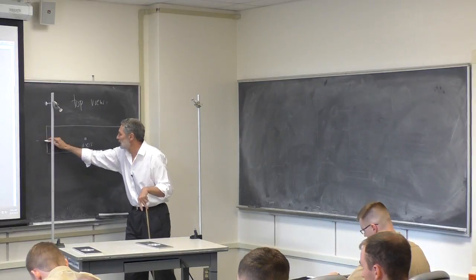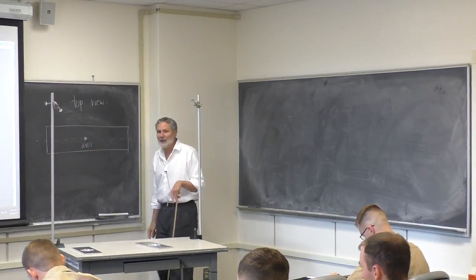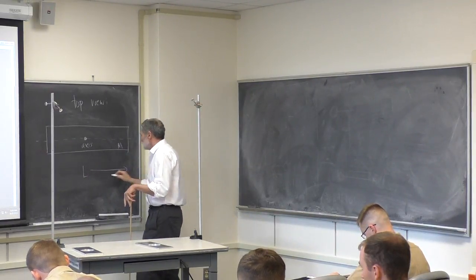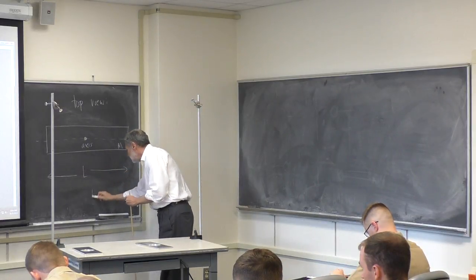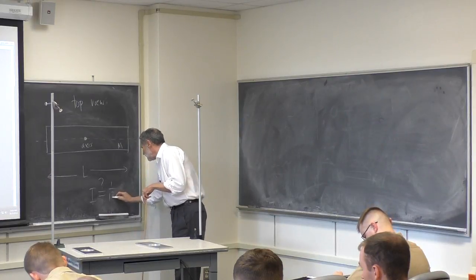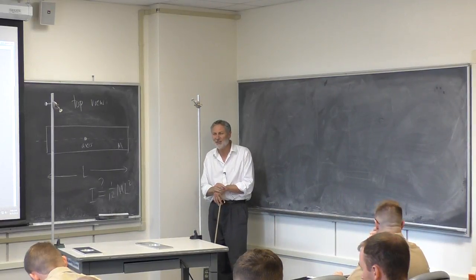Let me put a dashed line here just to help. So it's going to have some total mass m. It's going to be some length here. Is its moment of inertia going to be 1/12 m L squared? What do you think? You have to think here.